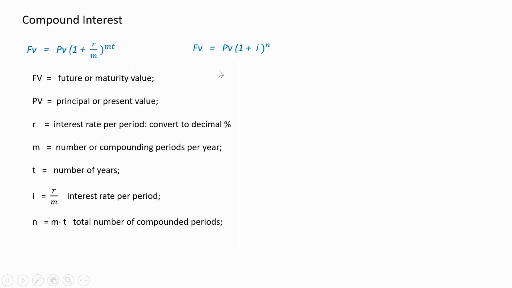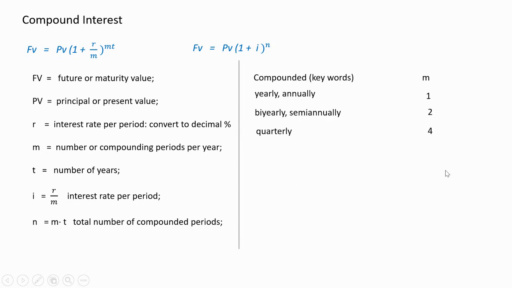Okay, now, here the keyword was compound. For compound keywords, these are the words, and this is the value for the M. Yearly or annually stands for 1, meaning it's compounded once a year. Semi-annually stands for 2, M is 2. Quarterly means M is 4. Monthly means M is 12.